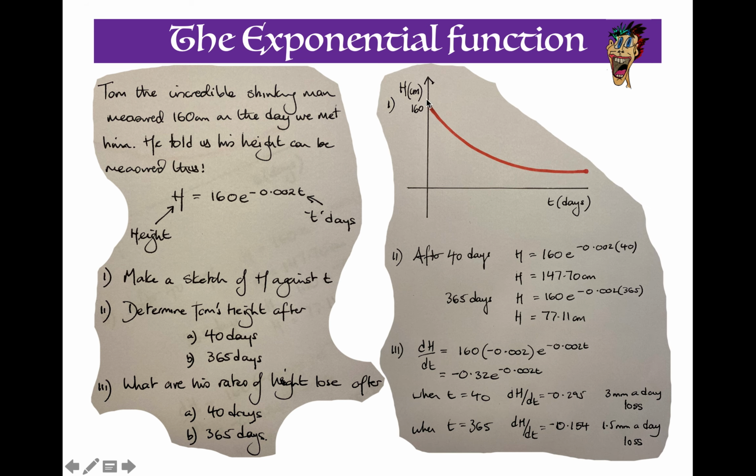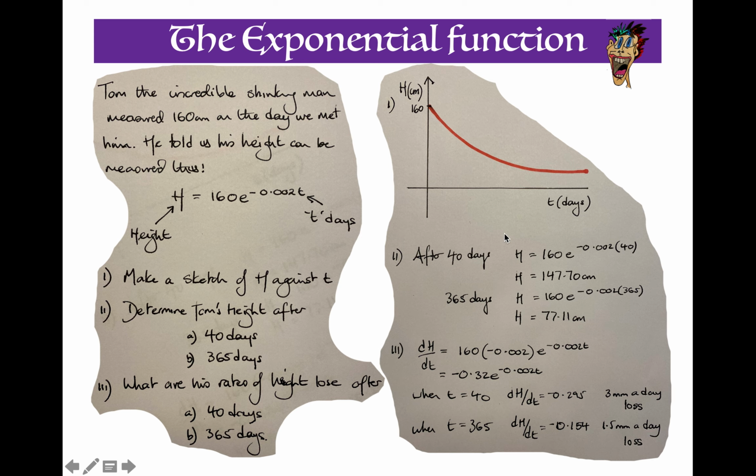Here's a sketch. This is an exponential decay, so we can see it goes downwards. At t is 0, it cuts the axis at 160 centimeters, but there's a steady decline and it's tending towards something. Like the previous example, where it tended towards something, this is now tending towards something this way.